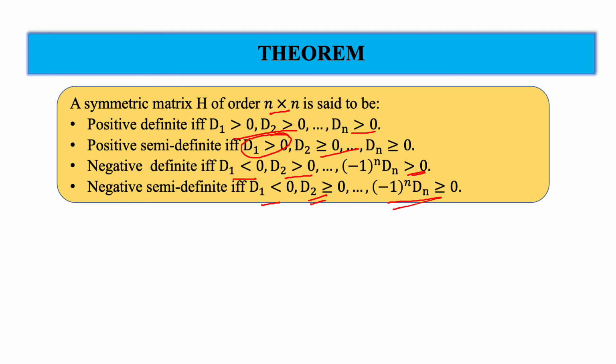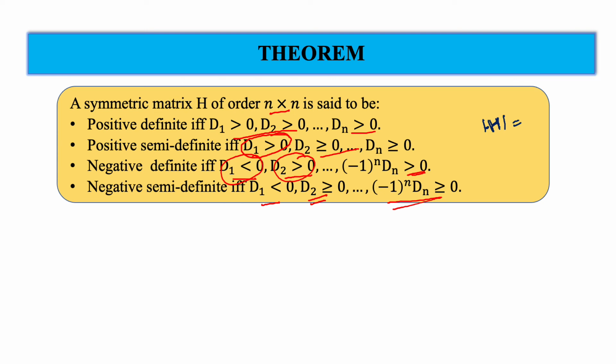We have alternating signs in the negative case, because if matrix H is negative definite, this means negative of H is positive definite.